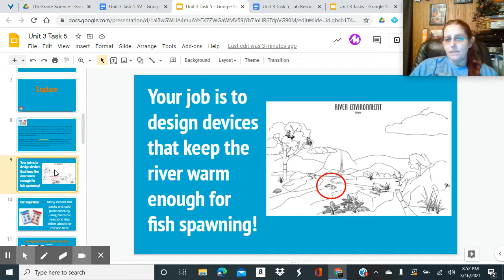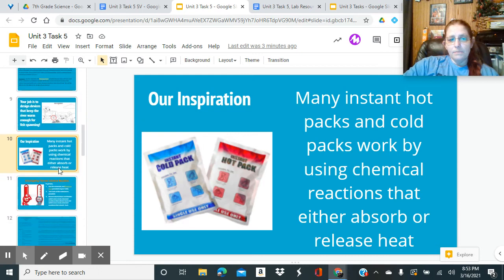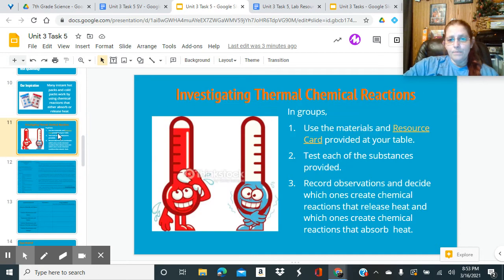So your job is to design a device that keeps the river warm enough for fish to spawn. All right, and again, this is the inspiration behind this particular assignment. So what you're going to do is you're going to get into your groups of 2 to 4, and you're going to use the materials in the resources card that is linked here to do the work.